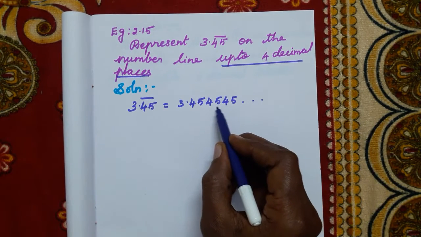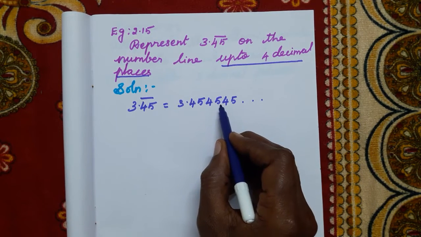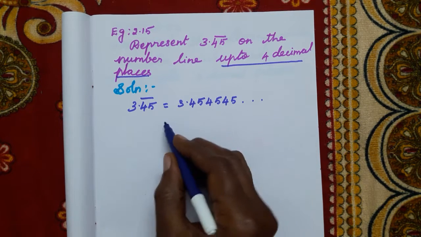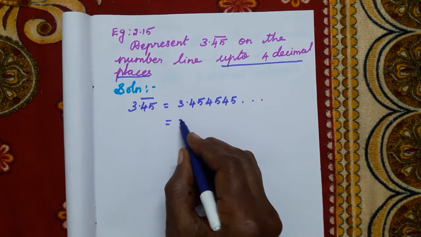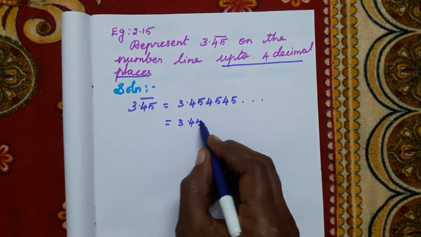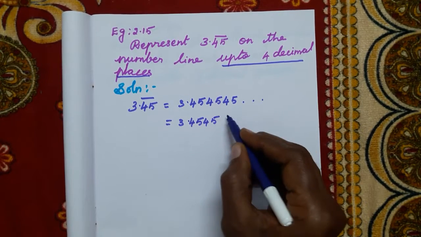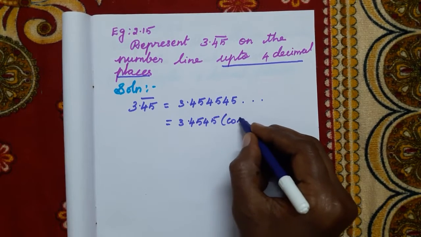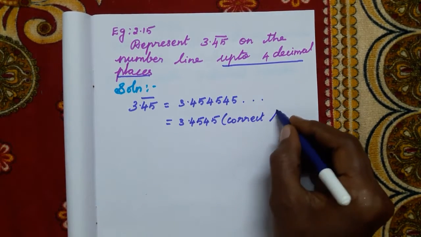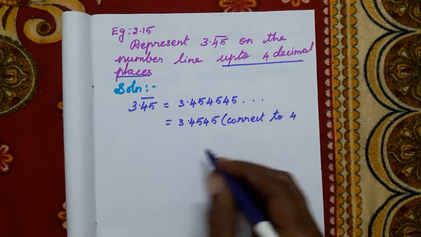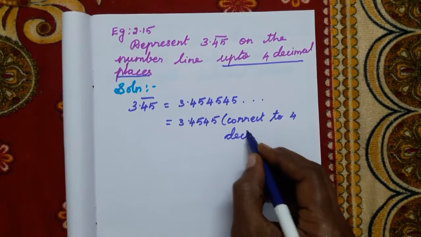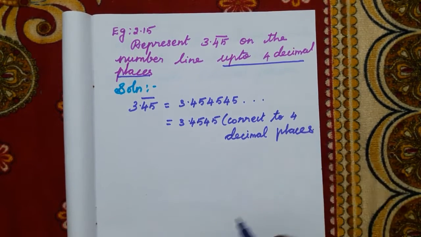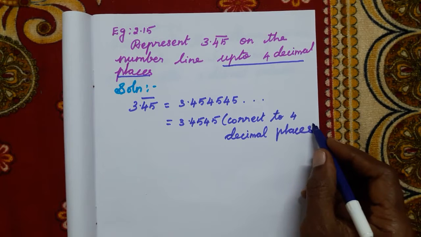Up to 4 decimal places means after the decimal point we have to correct to 4 decimal places. So we can write it as 3.4545. This is correct to 4 decimal places.